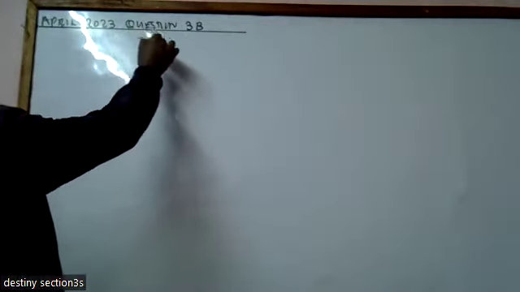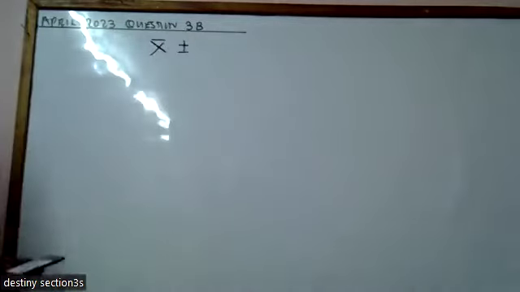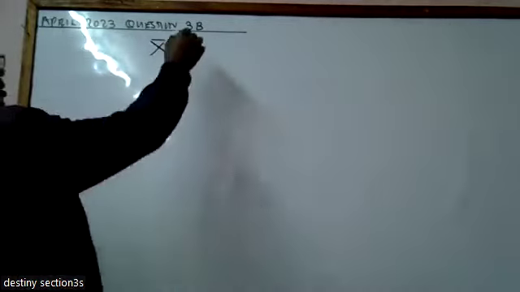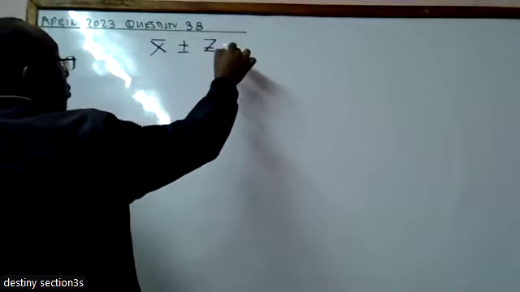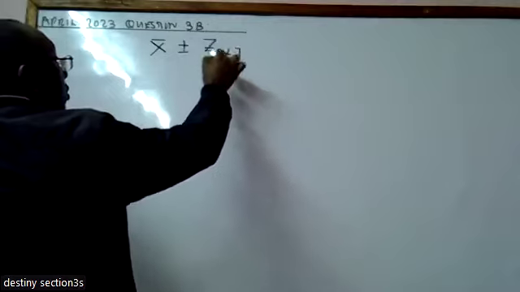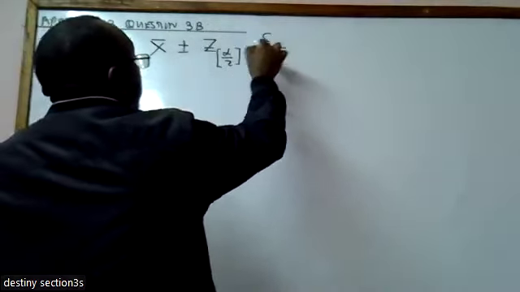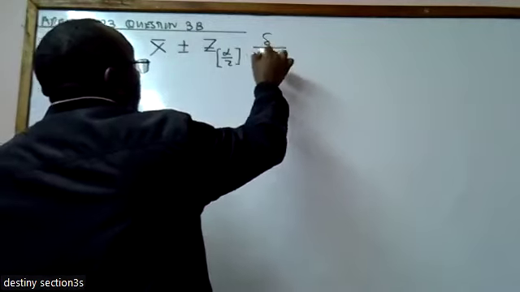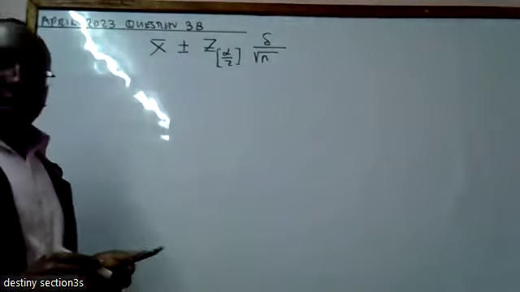the confidence interval will be given as X bar plus or minus Z alpha out of 2 multiplied by the standard deviation, you divide by the root of n.